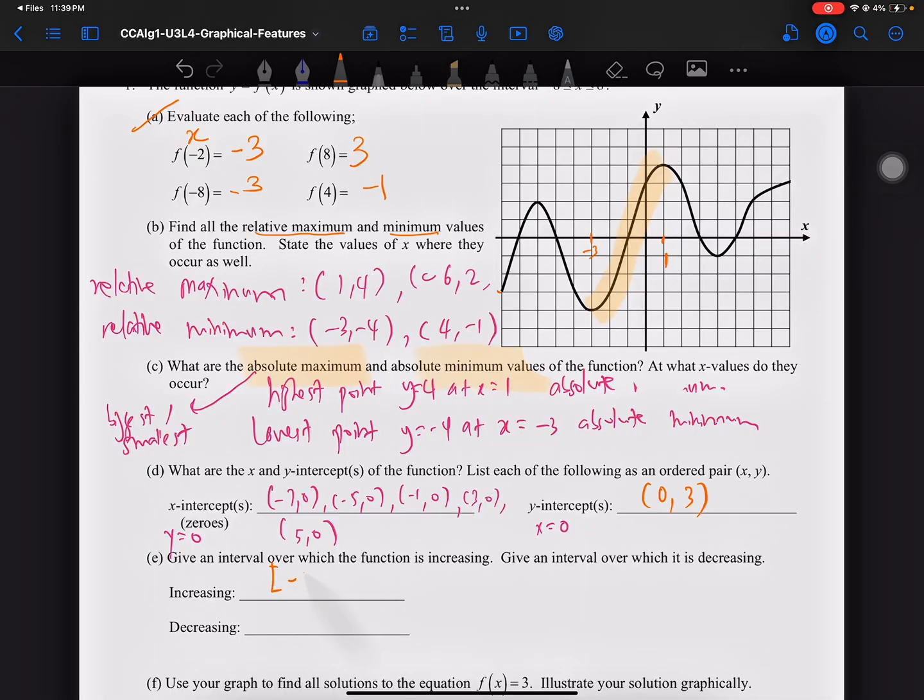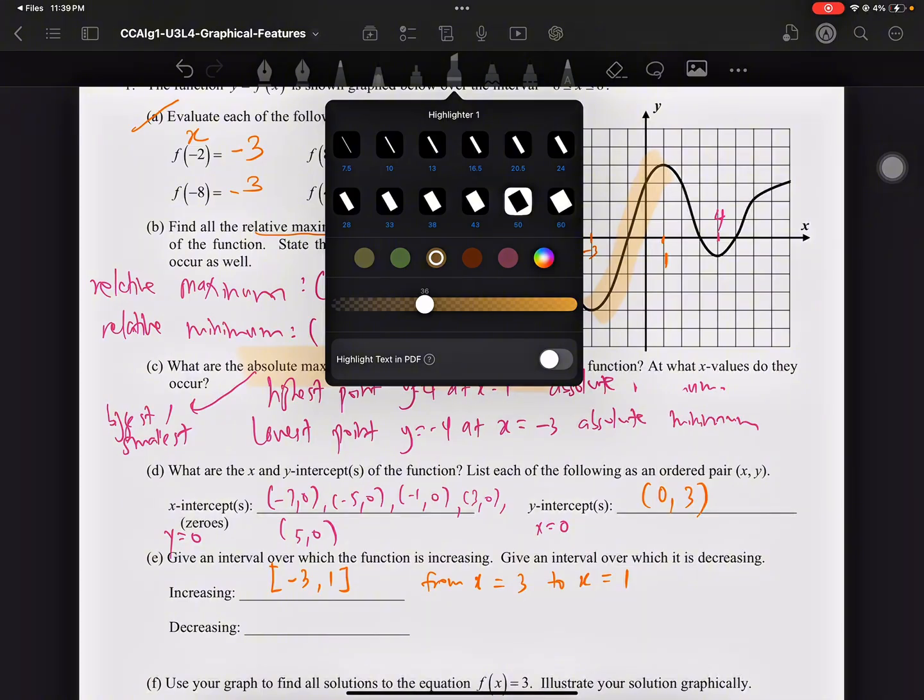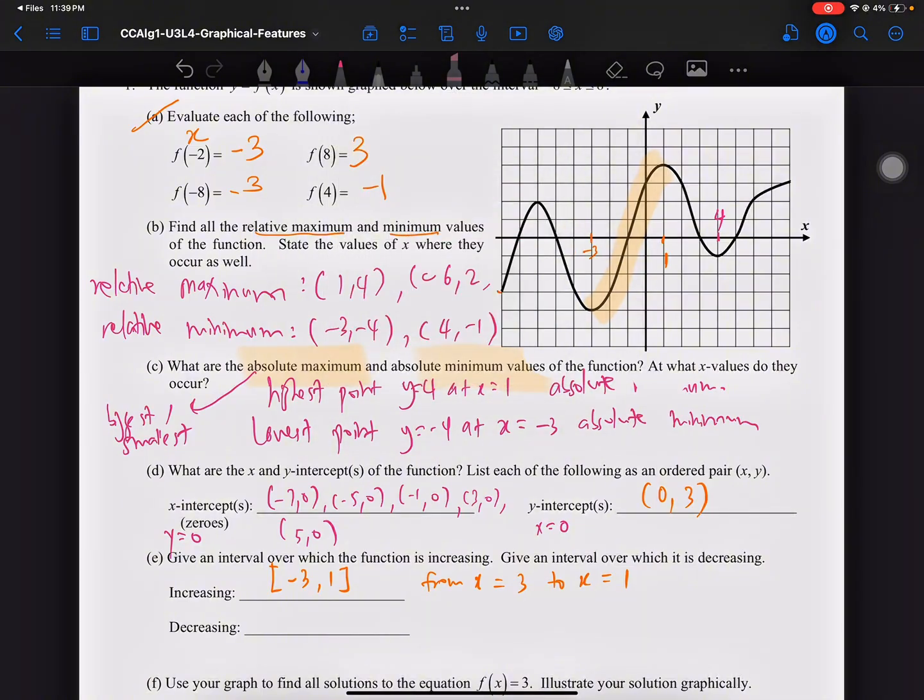So I can write down the interval like this: from x = -3 to x = 1. And then the graph goes down from 1 to 4. So 4 is here. You can see the decrease using the pink color, from 1 to 4.